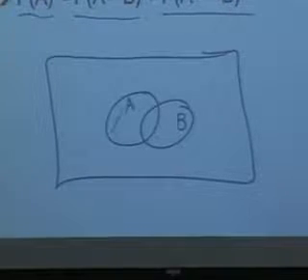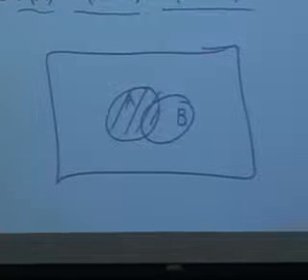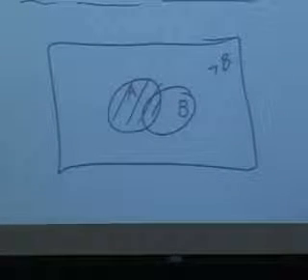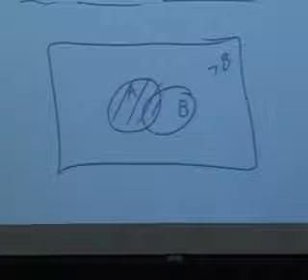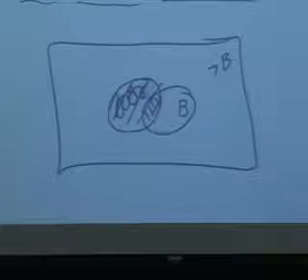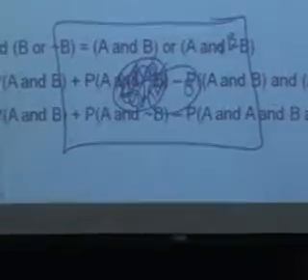The probability of A, here's not B outside here. That's just going to be the probability of A and B plus the probability of A and not B. And there's a proof.